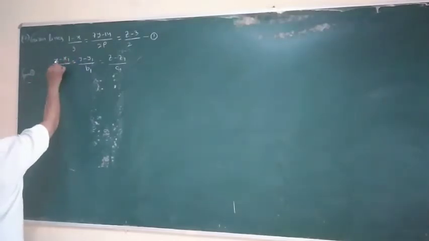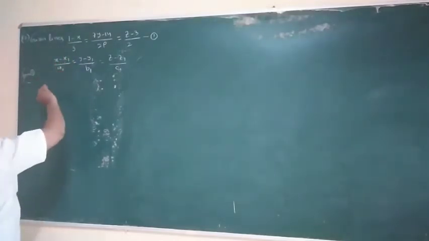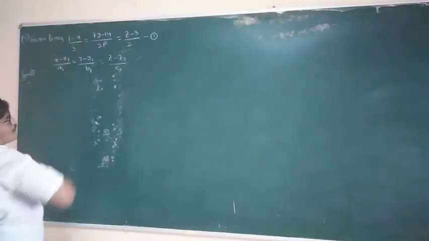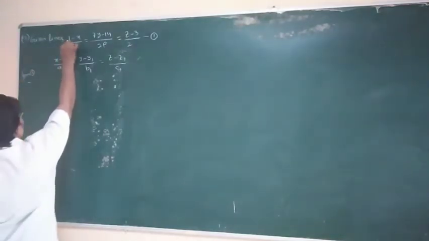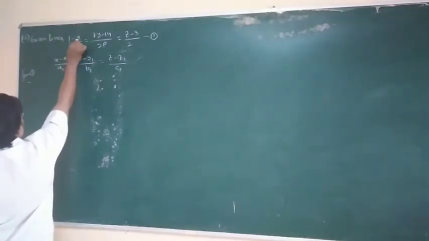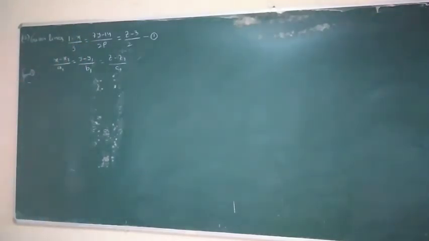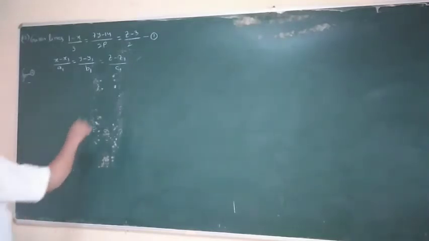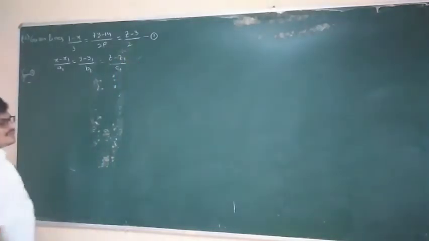The general form is x minus x1, so here 1 minus x is reversed. First of all, the given Cartesian equation is reduced into the general equation.